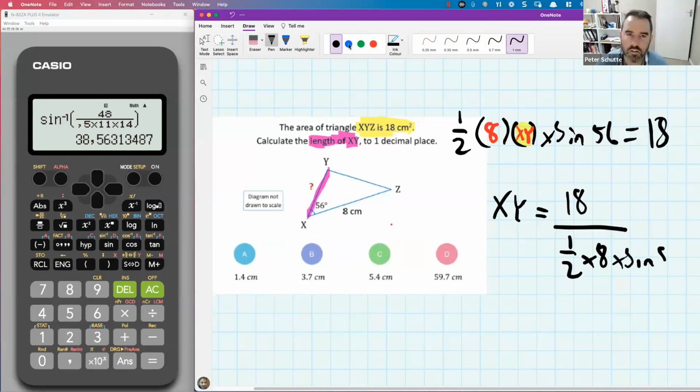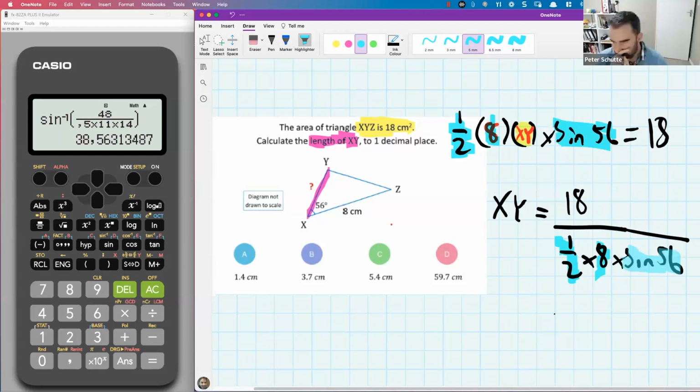Let's just make sure I've got everything. So there's the half. It came across. The 8 came across. And because they were multiplied on this side, they become divide on this side. So what's my final answer going to be?